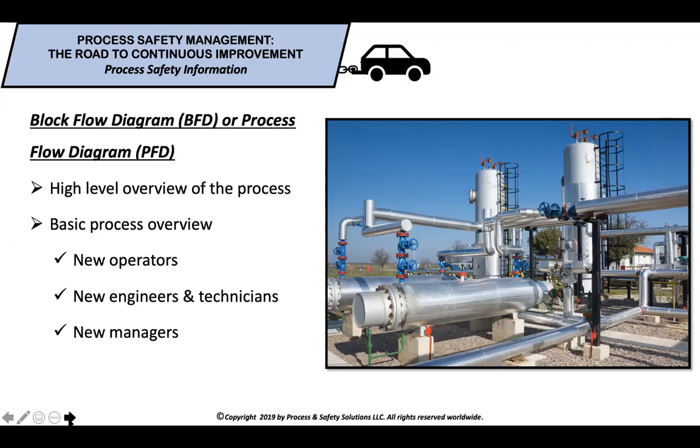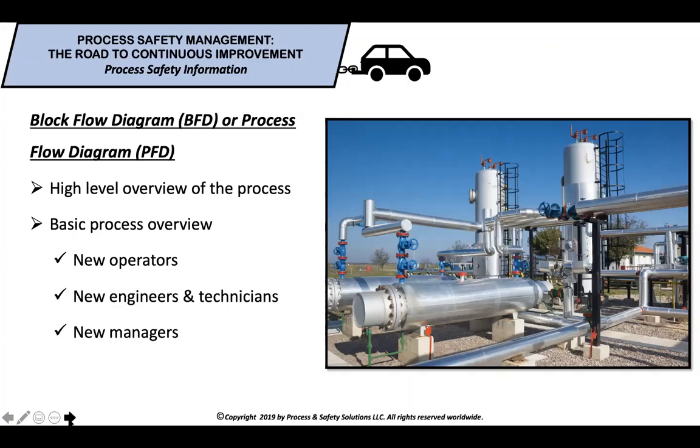It should contain a basic process overview, something that we use for new operators when they're first coming on board. Typically we will not throw a set of P&IDs in front of them and say, this is how the process works. It would be very difficult to go through a process using P&IDs.